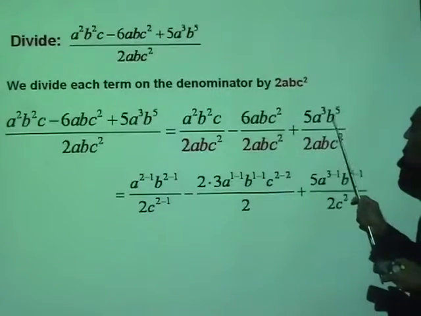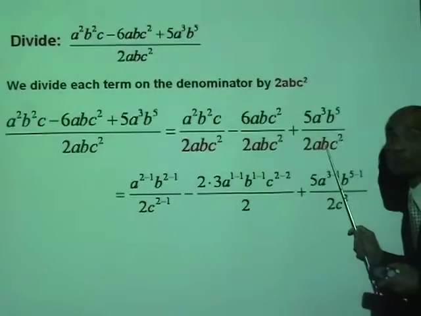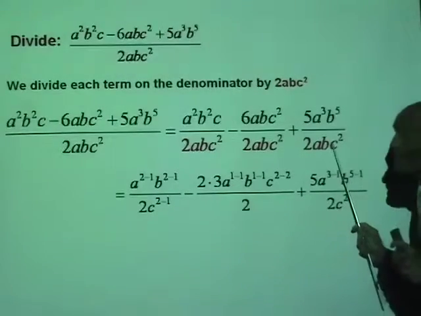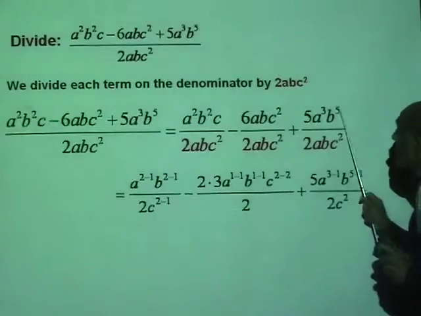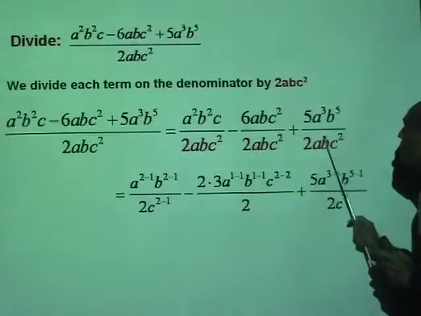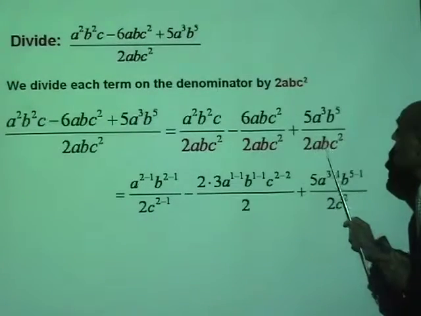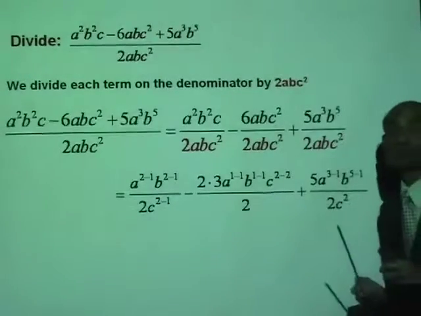Now, b to the power of 5 on the numerator and b to the power of 1 on the denominator. That becomes b to the power of 5 minus 1. So we have now taken care of the ab on the denominator. That leaves the denominator with 2c squared.